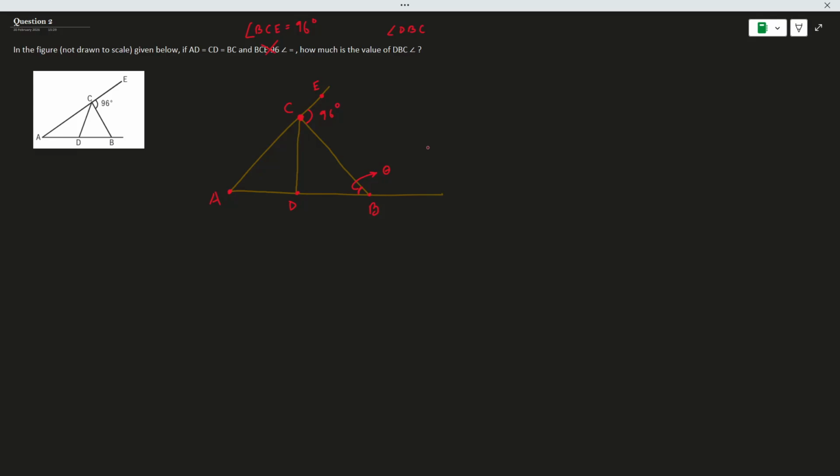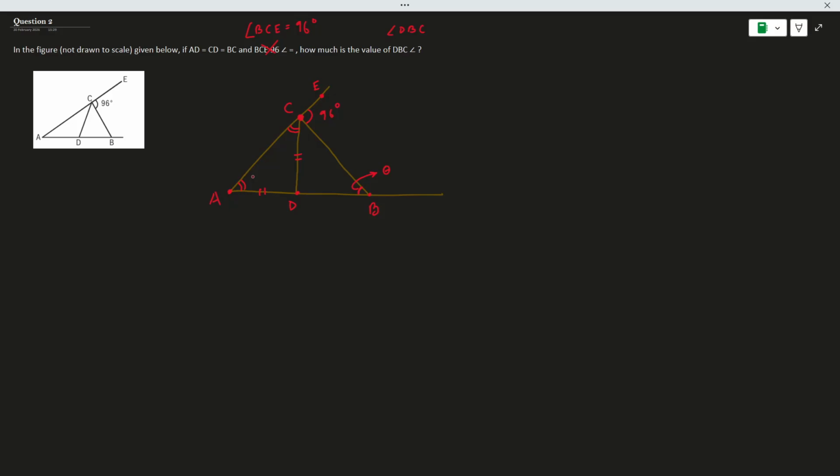theta. Okay, we are given that AD is equal to CD. That means the opposite angles will also be equal. So the opposite angle of side AD would be this angle, and opposite to side CD will be this angle. So these two angles are equal.